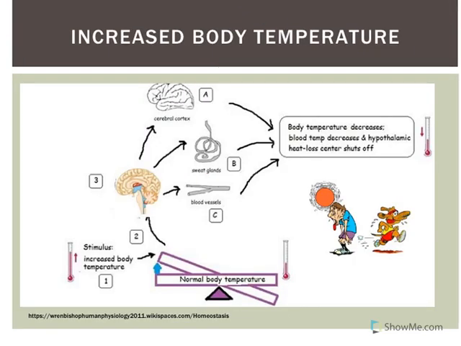What we're going to do is look at the regulation of body temperature. Here's the scenario. It's very hot out, and if you're crazy and like to exercise in the heat, your core body temperature may increase.